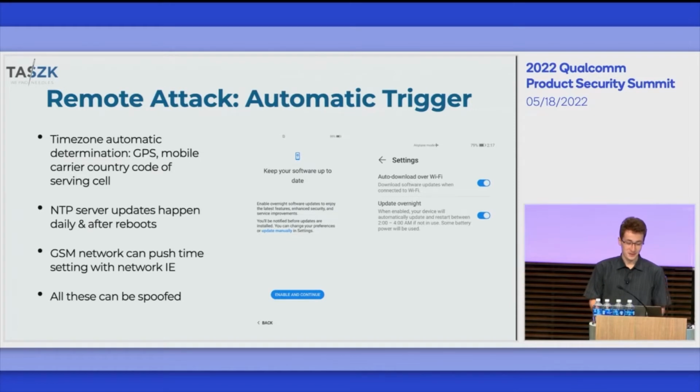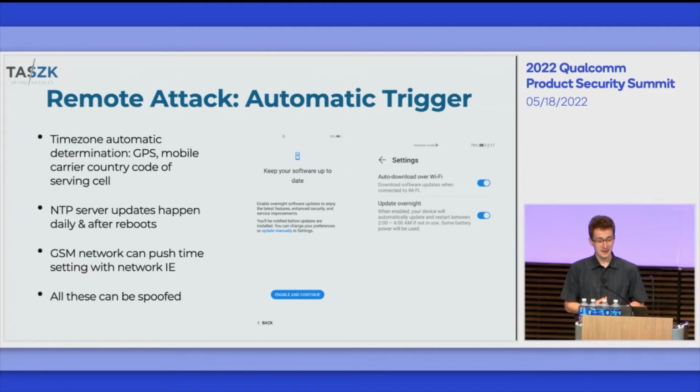I bet not so many users will take the trouble to find the settings manually and turn those off. That means that almost all Huawei devices perform this auto update on a regular basis.